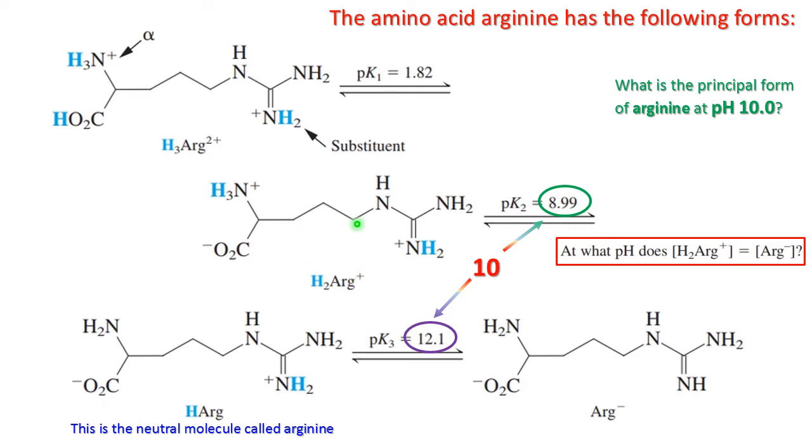So the form intermediate between this form and this form is this one, and the maximum will be at pK2 plus pK3 divided by 2. You can take the average, 9 plus 12 divided by 2, which is 10.5.